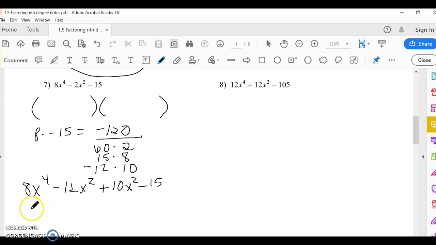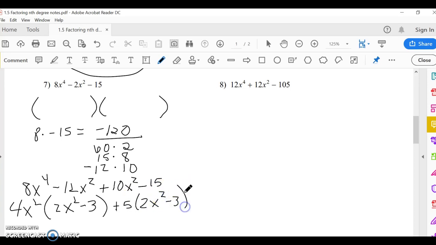So you group the first two terms and you factor out what's in common. So 4x squared. What's left over? 2x squared minus 3. You group the last two terms and factor out what's in common, a positive 5. Write down what's left over after you divide it out, 2x squared minus 3. If you did this right, the things inside the parentheses would match.